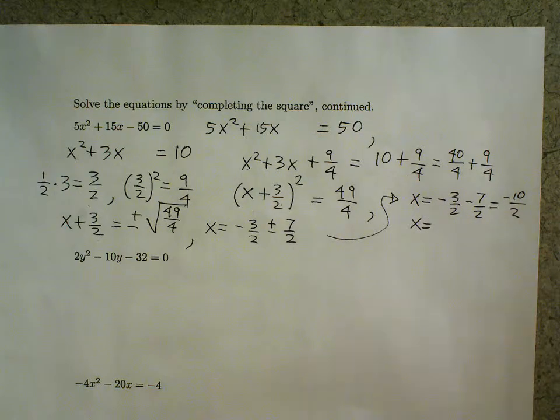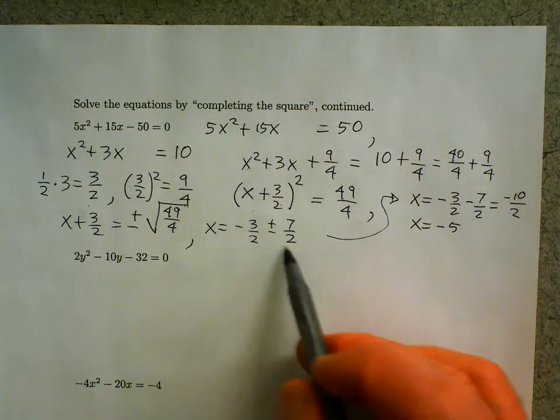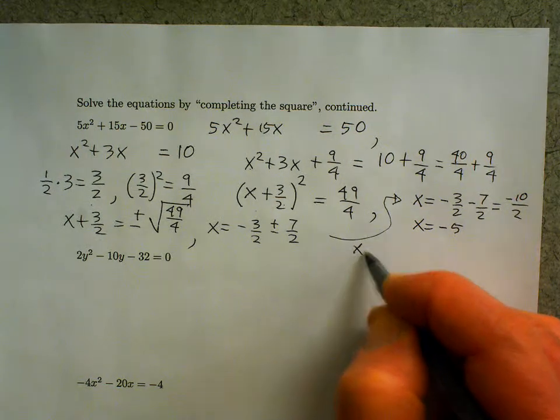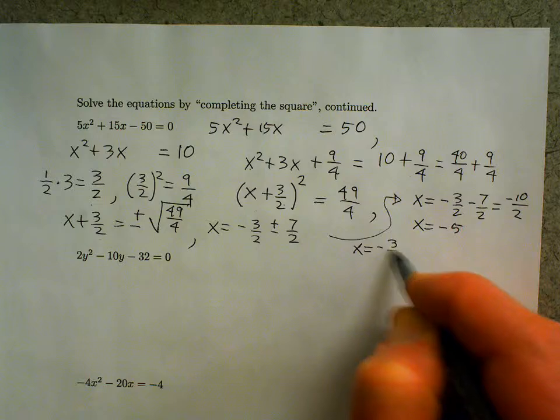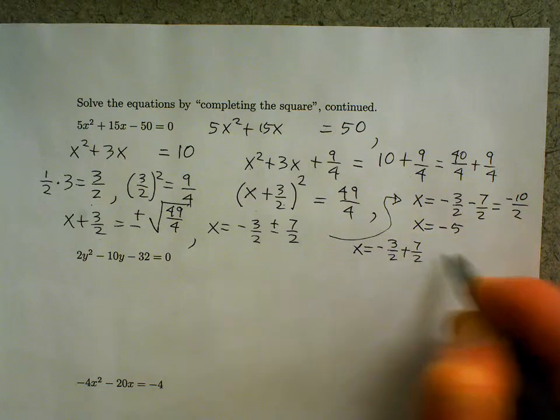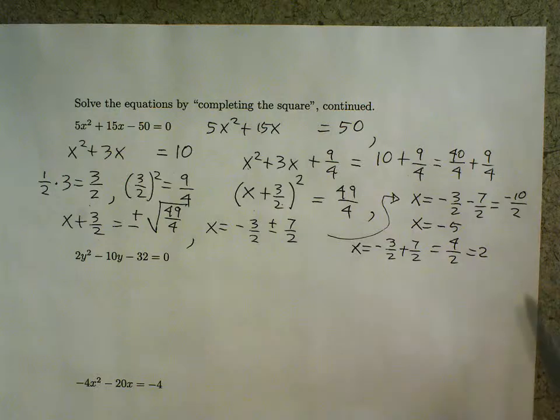Negative 10/2 simplifies to negative 5. And the other solution, x equals negative 3/2 plus 7/2, is 4/2, which is positive 2.